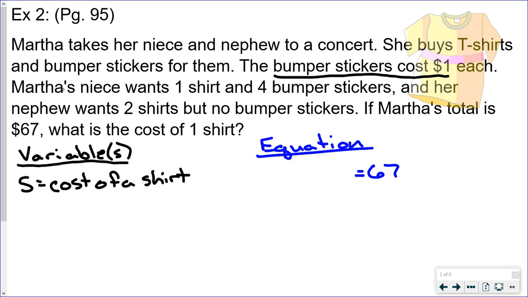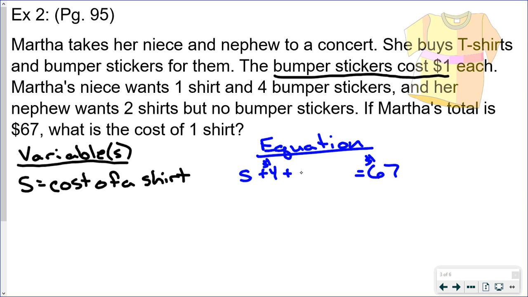So it says Martha's niece wants 1 shirt. Okay, so we got 1 S and 4 bumper stickers. Well, the bumper stickers are $4, so I can just say plus 4, and this is dollars. If you want to put a dollar sign there, that probably might be helpful. And then her nephew wants 2 shirts.